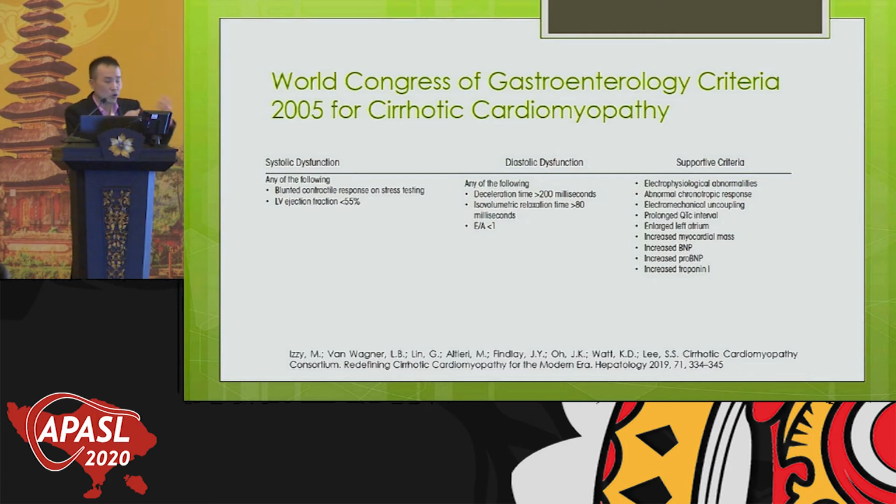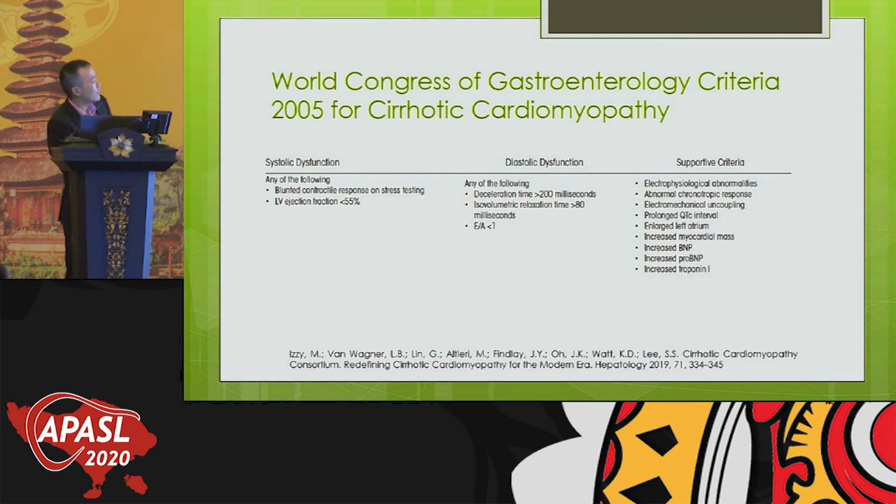Diastolic dysfunction: they looked at the E/A ratio of less than 1, so in other words, you had a very high A wave compared to an E wave, and used some other metrics too, which is the deceleration time, which refers to how rapidly the flow velocity declines in early diastole, and the isovolumetric relaxation time, which is how long it takes for the ventricle to start filling after it relaxes. And there are a number of other supportive criteria, for example a prolonged QT interval on ECG or an enlarged left atrium.